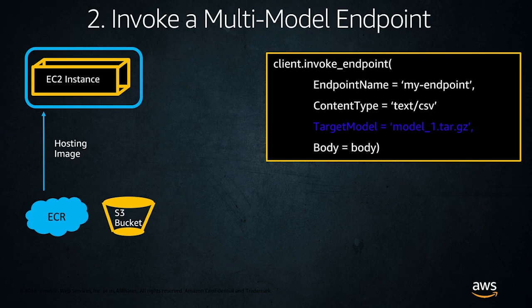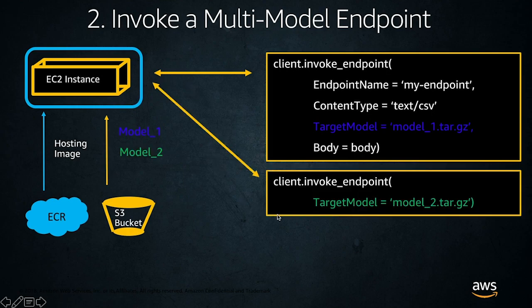So essentially that is where that model is going to sit, again, in that S3 path, relatively speaking. We're going to pass in the request body right here. Once we invoke this, right, once we say, okay, SageMaker, use this model, at that point, SageMaker will copy that model onto that EC2 instance. So again, when we're invoking it, that's when model 1 is finally going to make it onto that host.